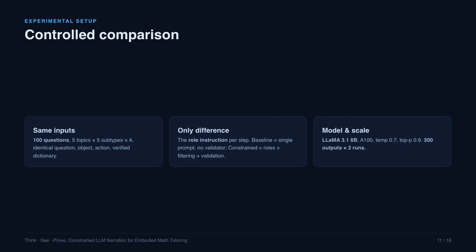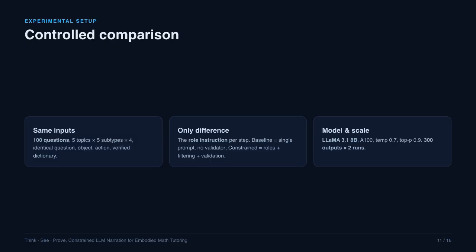Both systems receive identical inputs for every step: the question text, the object, the action, and the Python verified working dictionary. The only variable we change is the role instruction at each step. The baseline uses a neutral single prompt instruction with no validator. The constrained system adds the role prompts, the answer key filtering, the validation checks, and 1 retry.